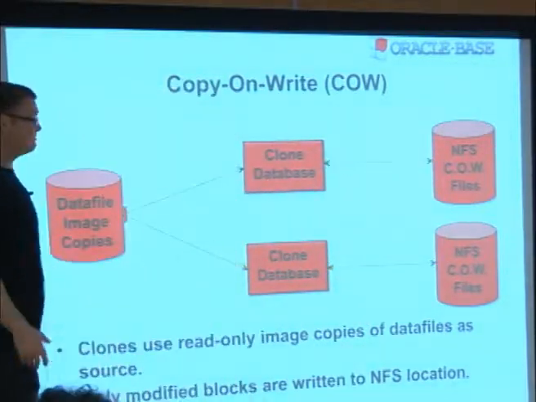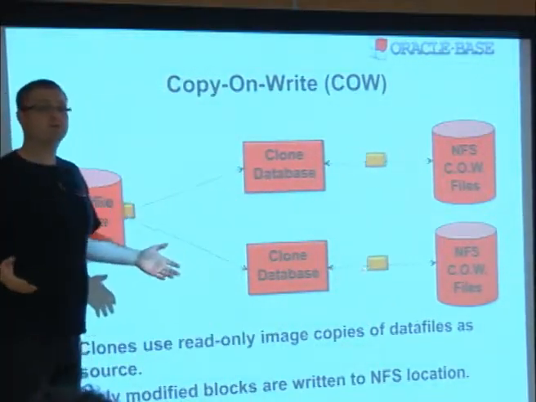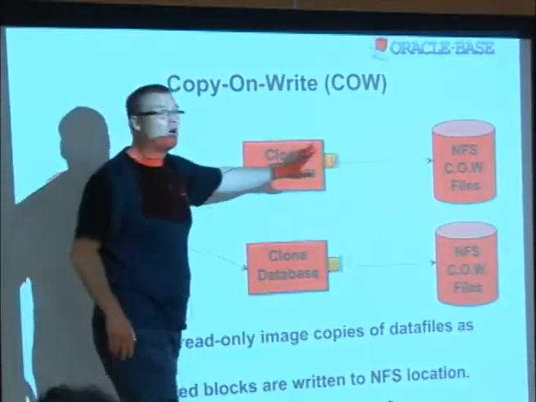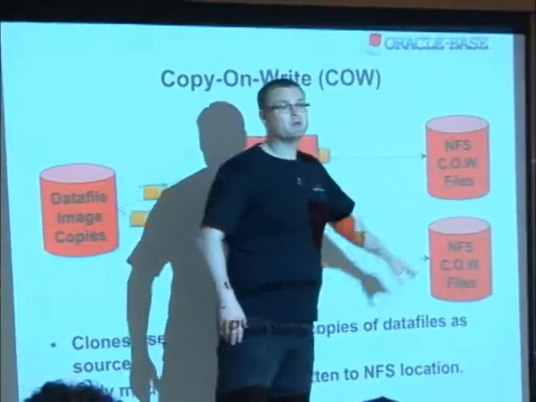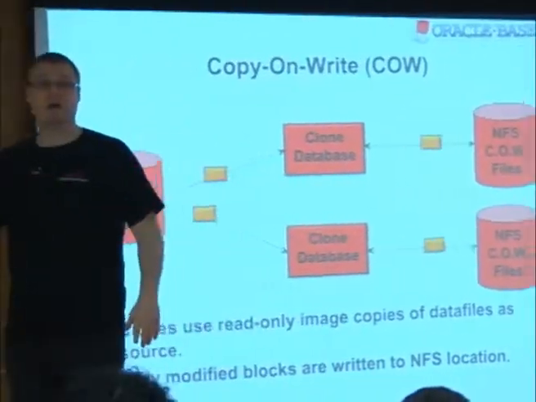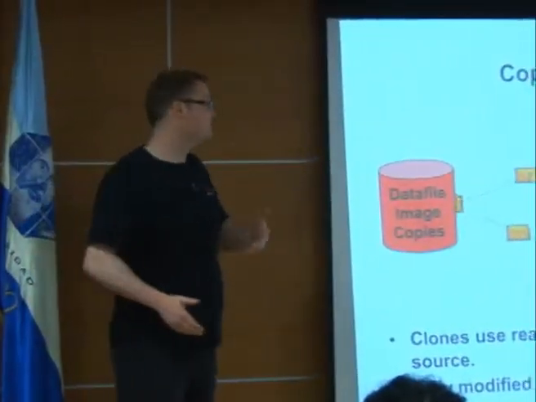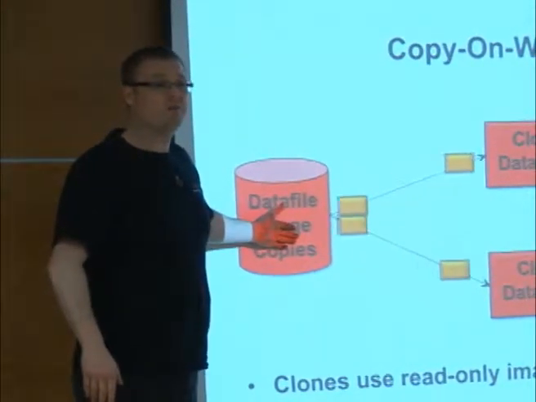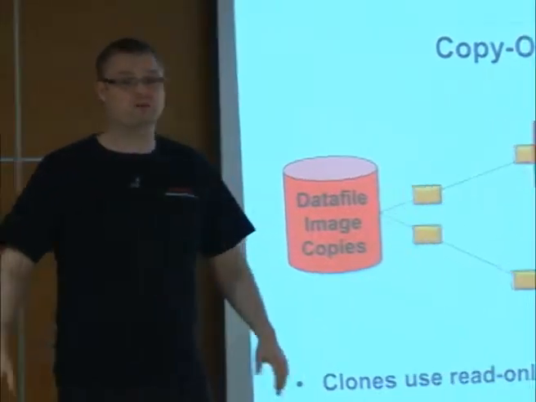So initially, if I start up 10 clones, there's only one set of data files, and then odd little bits written to the copy on write location. So I can save massive amounts of space. And because this is read-only, I can source this from anywhere. I don't have a major problem with performance by doing it over a network specifically.